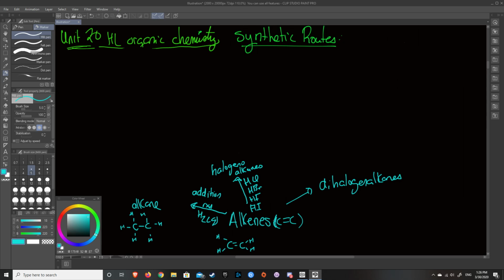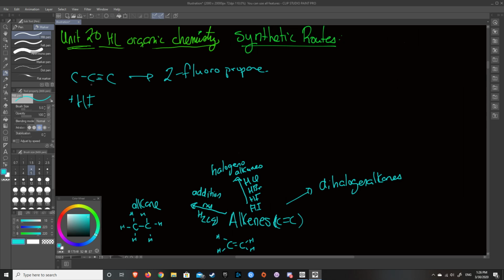So for alkenes, if the question said something like that, you start with propene, and you want 2-fluoropropane. To get 2-fluoropropane, what we want to do is add HF.